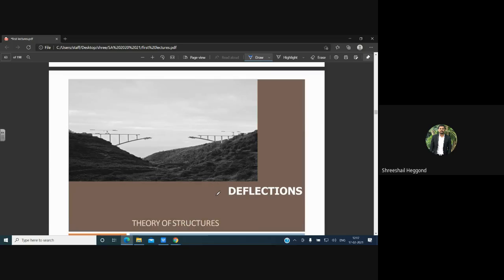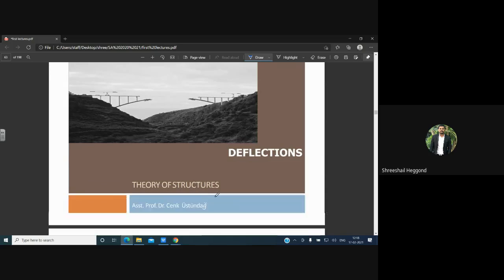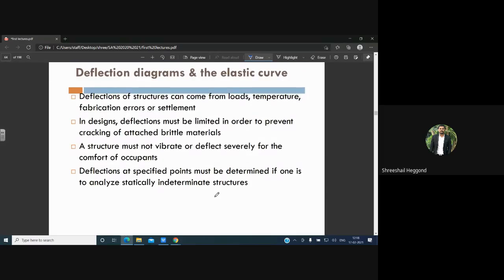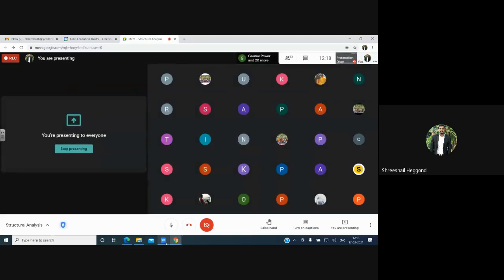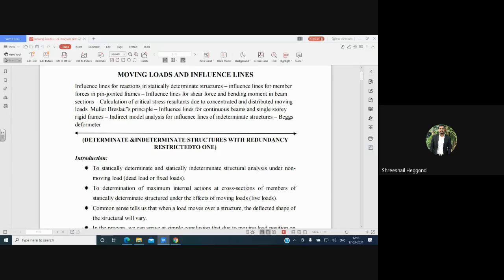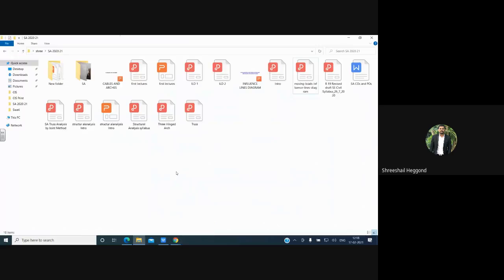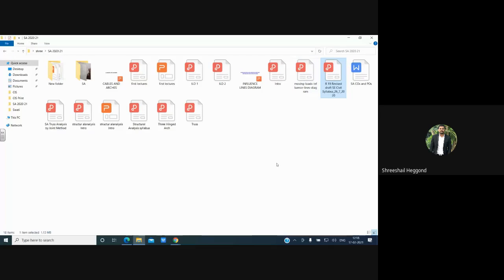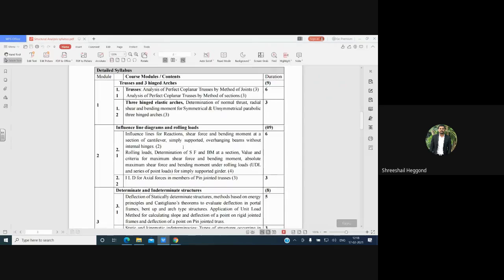Next we will be dealing with deflection, which is not included in your syllabus. As per your syllabus, we will be dealing with the other component, that is moving loads. Trusses are completed.